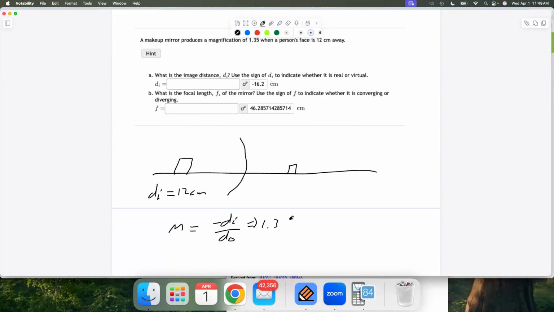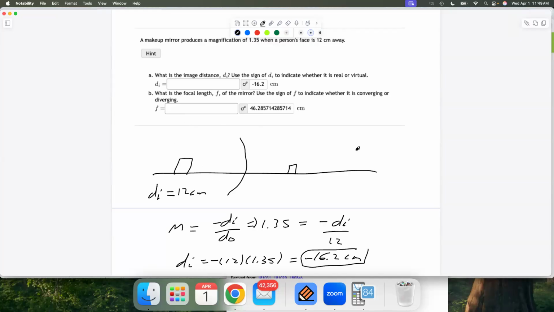So we get 1.35 equals the opposite of di over 12. So di will be negative when I move the negative over, 12 times 1.35, which you could type in your calculator, will be negative 16.2 centimeters.